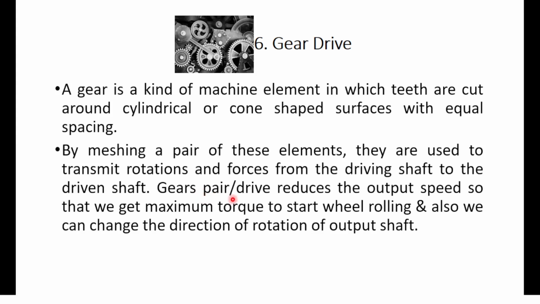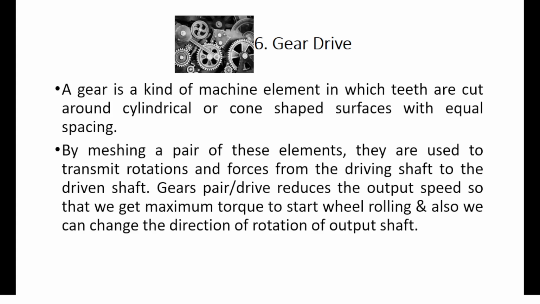Gear pair or drive reduces the output speed so that we get maximum torque to start wheel rolling, and also we can change the direction of rotation of the output shaft. This first statement tells about while moving, to have initial velocity, initial acceleration for an automobile, there is reduced speed. That's why in geared vehicles we put the automobile in first gear.